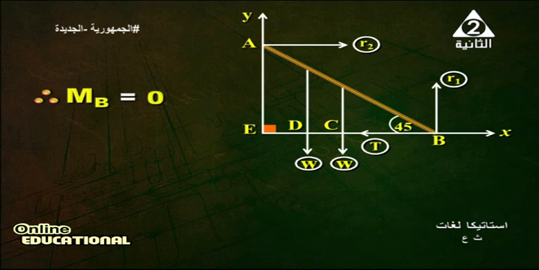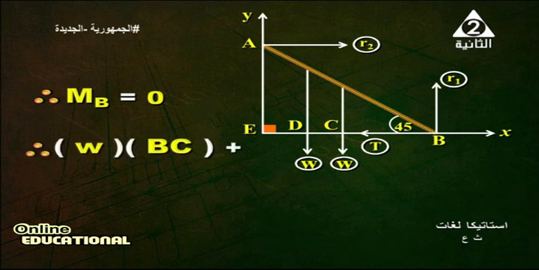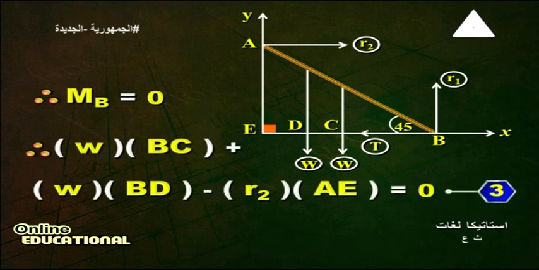Moment at point B must equal 0. Moment at B, we remove R1 and T. We have three forces: the weight of the man, the weight of the ladder, and R2. W times BC plus W times BD minus R2 times AE.